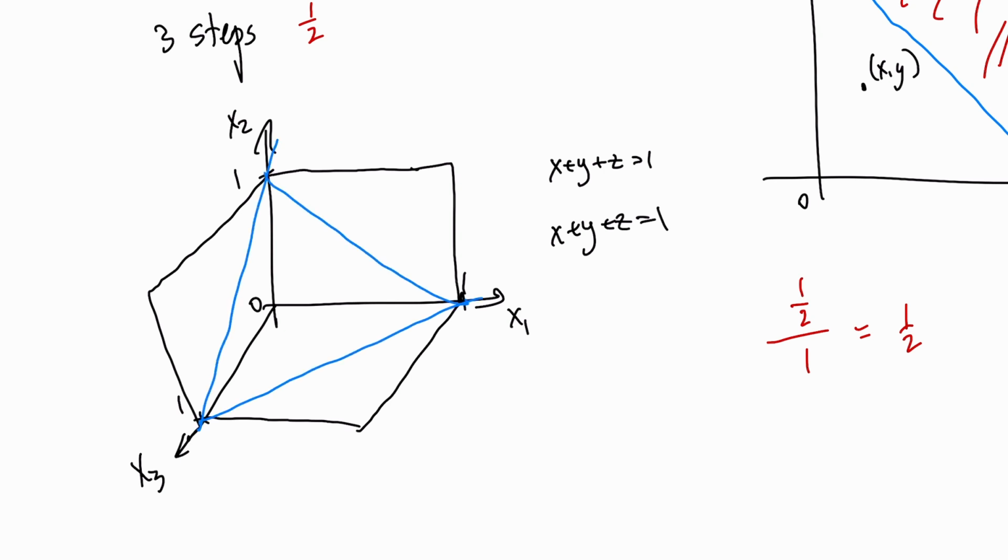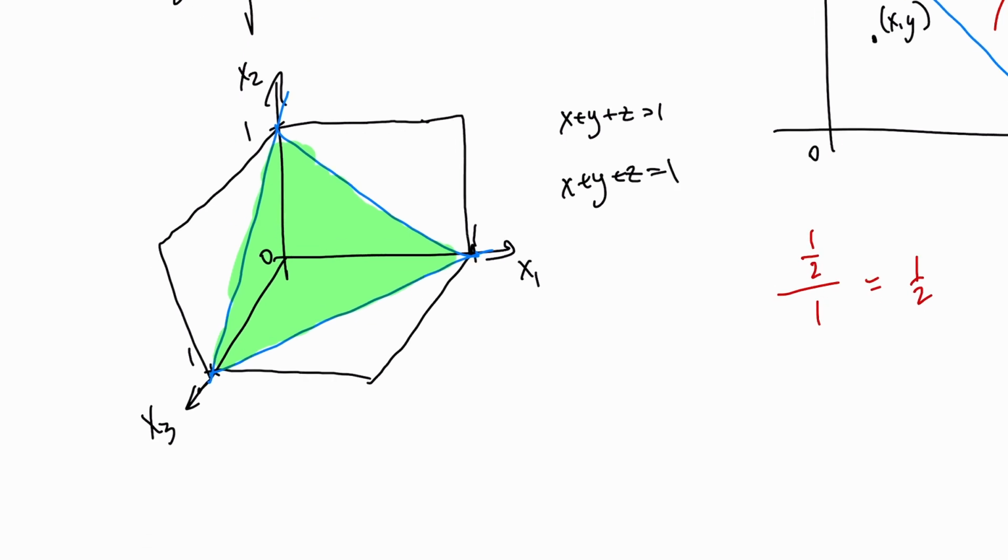So all of this area behind this is going to be the area where x plus y plus z is less than 1, and the area that I did not shade in is the area we're interested in. But this area is kind of hard to calculate, so we can do complementary counting, if you will. We can do 1 minus the green area.